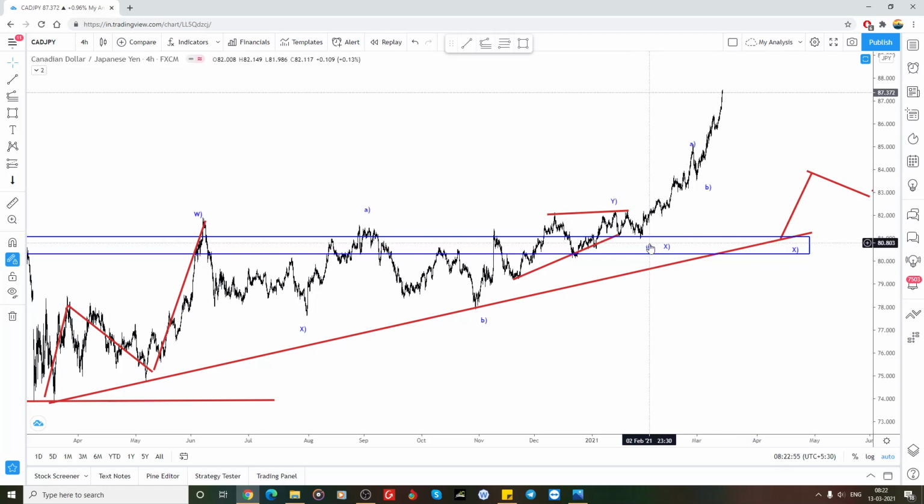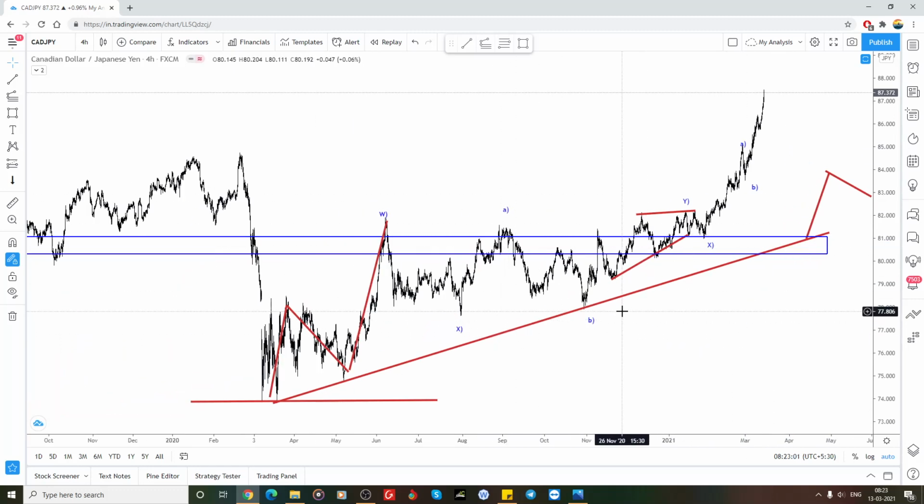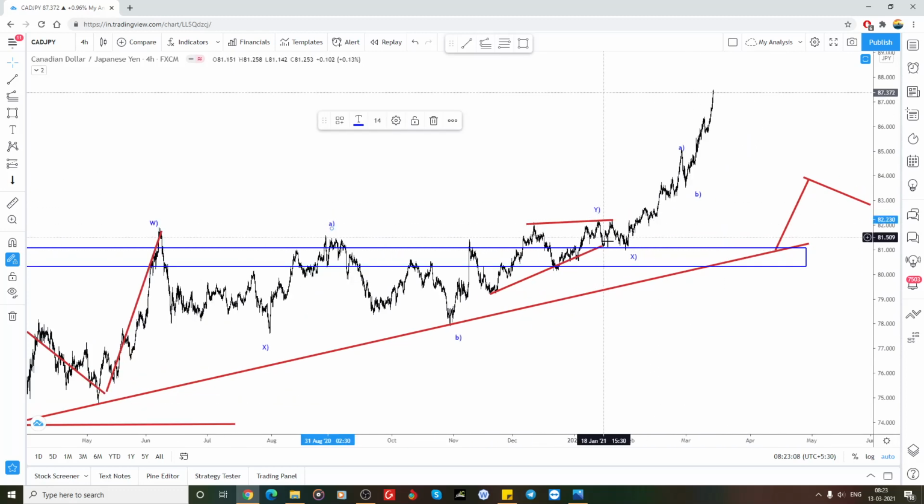In that case, yeah, this is an X. So A, B, C is completed in that Y. After that, a 3-wave structure, but it's too small. So 1, 2, 3, 4, 5 is the A. So that rejection is the third. So 1, 2, 3, 4, 5.